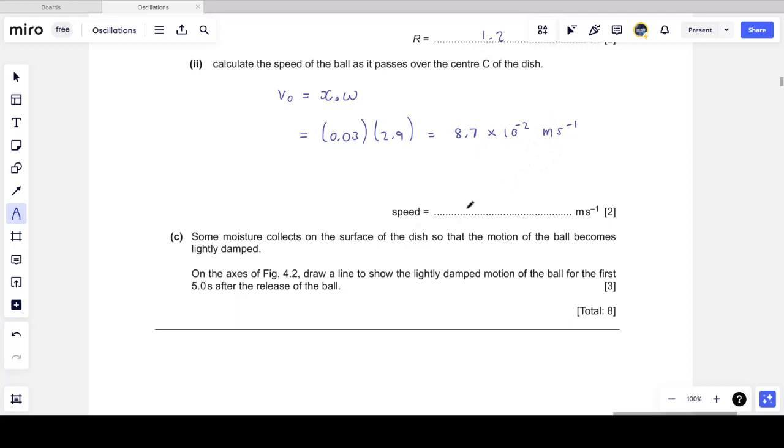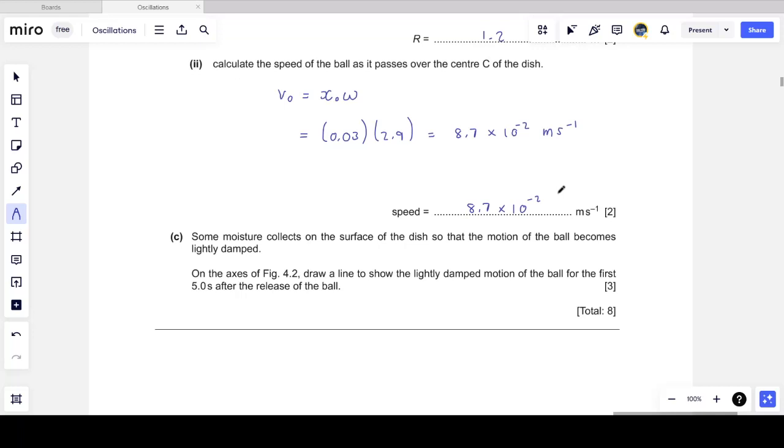I'm just going to leave it in scientific notation: 8.7 times 10 to the minus 2 meters per second, or rather 0.087. And so that's the maximum speed of the ball as it goes over the center C of the dish. It's moving fastest at that point.